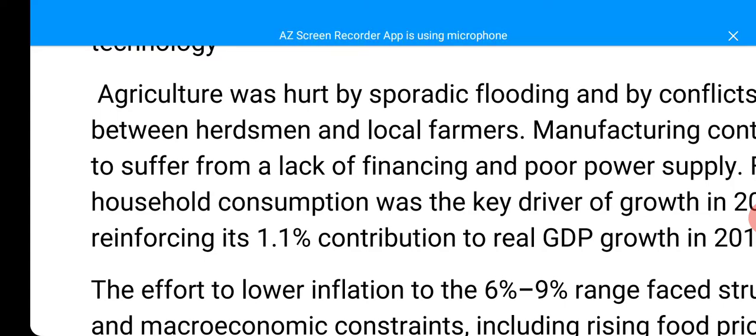It's just like 2% to total exports. And this is as a result of the fact that agriculture has been neglected and attention has been focused on oil. And the conflict between herdsmen and local farmers has actually contributed to the problems facing the agricultural sector.